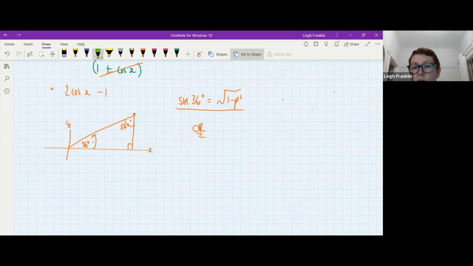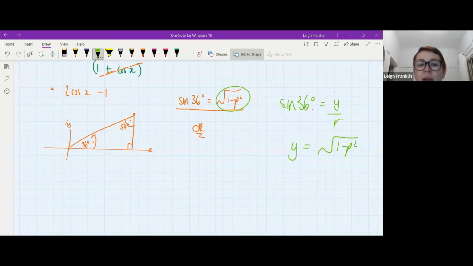So we interpret sine 36 as y over r, don't we? That's what the sine of any angle means. So this is your y. They are telling you that for this diagram, y is root 1 minus p squared. Exactly, Tanika. And r is equal to 1.